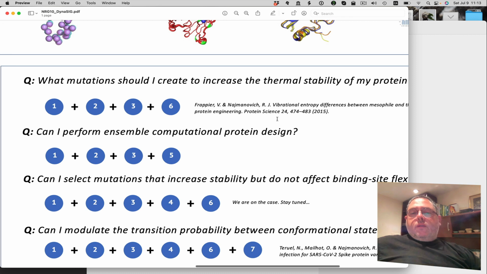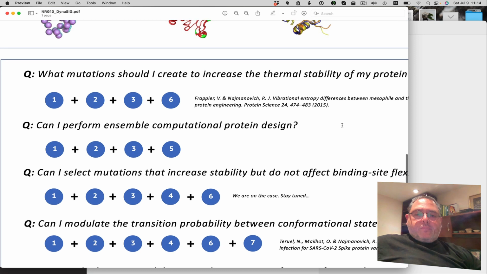Of course, not the entirety of the effect that leads to thermal stability is entropic, but capturing the entropic part of it allows, to a great extent, to explain stability, and also to select, in case you are doing protein engineering, those mutations that do have an entropic origin to their effect in increasing the stability.